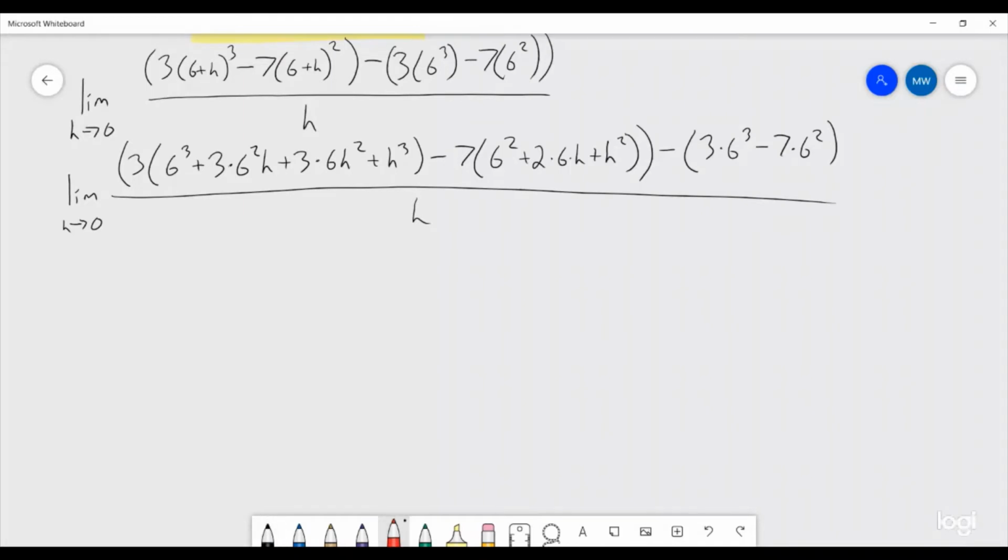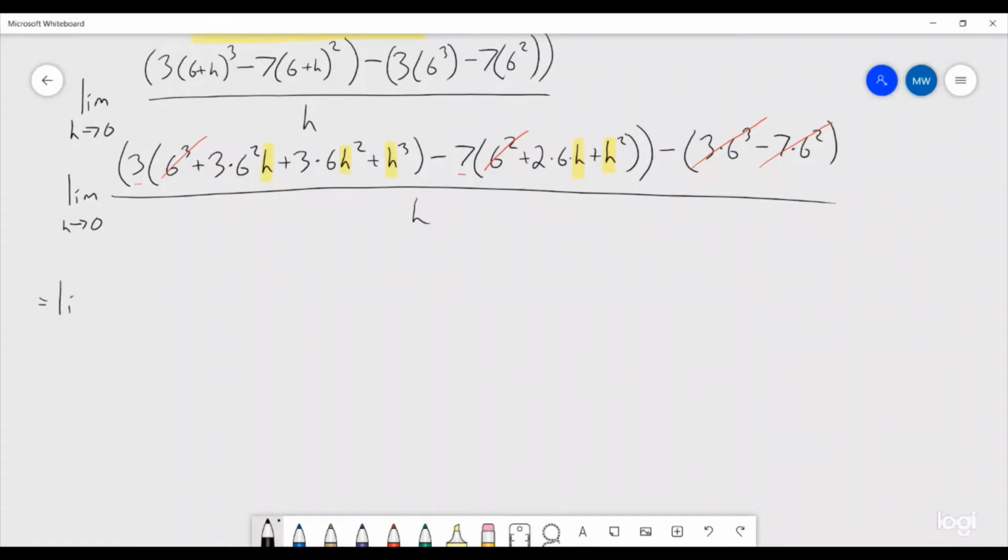Now a couple of these terms are going to cancel. This minus 3 times 6 cubed is going to cancel with this 3 times 6 cubed. And this minus 7 times 6 squared is going to cancel with this 7 times 6 squared. What we notice is every other term has an h in it, which means we will be able to cancel out an h from everything.